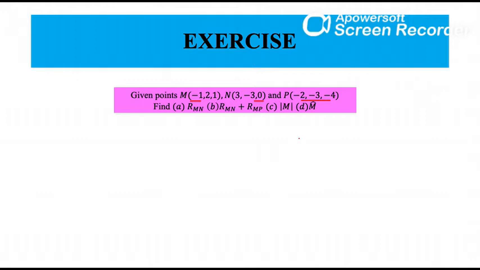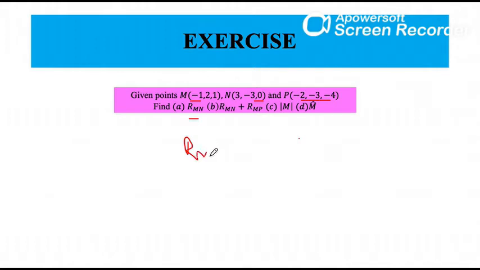Now remember, to every point M, N and P, I can actually define a vector whose tail is at origin and with head at M, N and P. I want you to find out this vector Rmn. What is this vector Rmn?